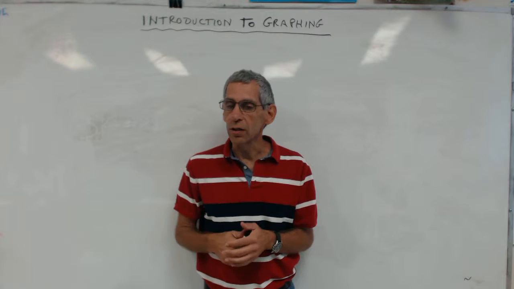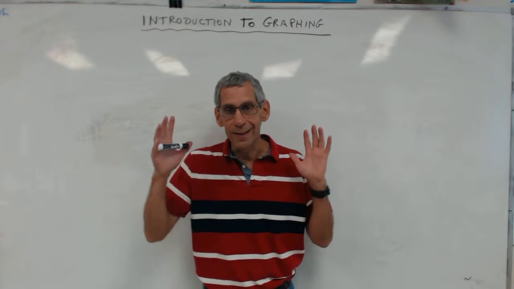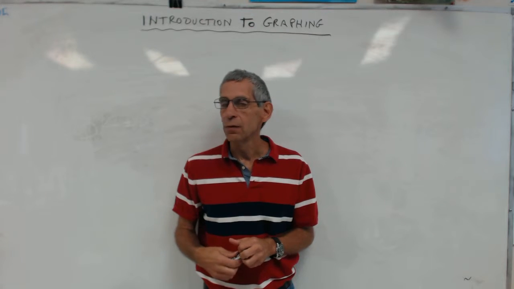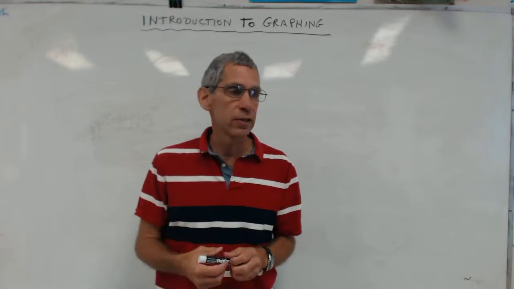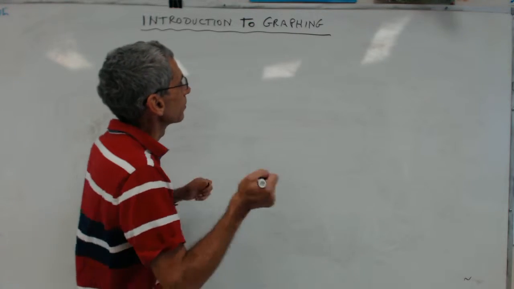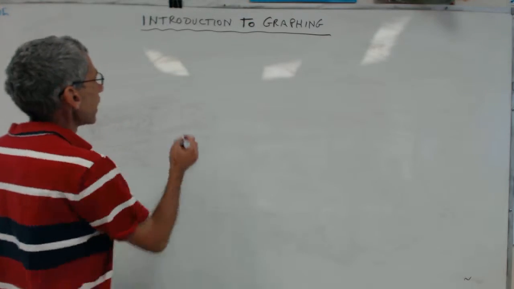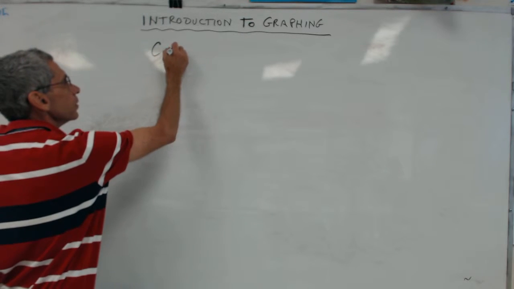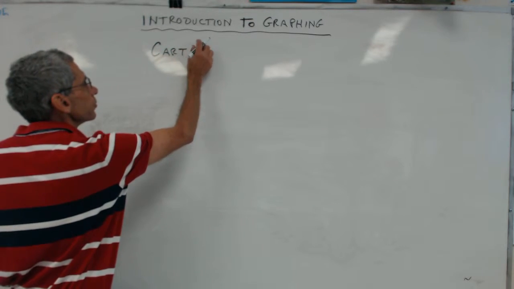So we're going to start talking about the anatomy of a Cartesian plane, a graph, right, with 4 quadrants. And we're going to just talk about those things for a little bit, just so that we understand them. So first of all, the kind of graph we're talking about is a Cartesian plane.